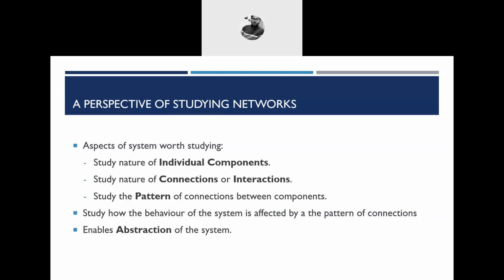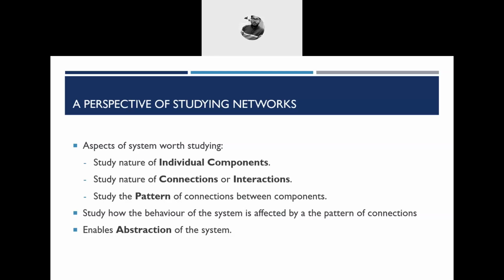Next, we can study the behavior of certain elements. See, if we change certain parameters of a network, we will see the behavior of the network change. Now, that is a very important observation. In that way, it can help us to abstract out the system, to summarize the system based on certain key parameters and how they can affect growth or destruction, whether it is an evolutionary or a static system.